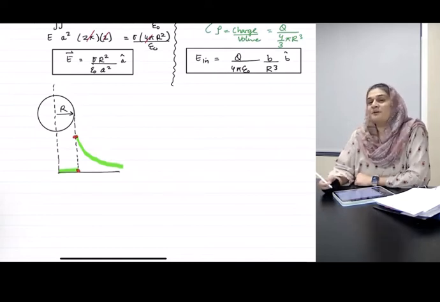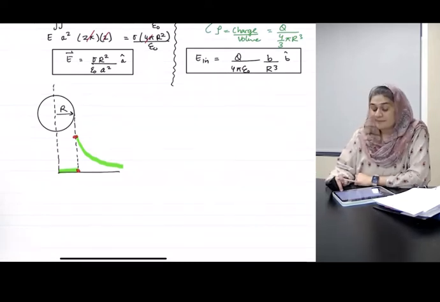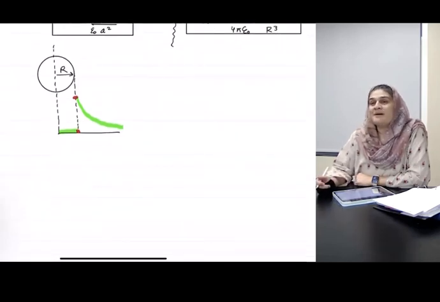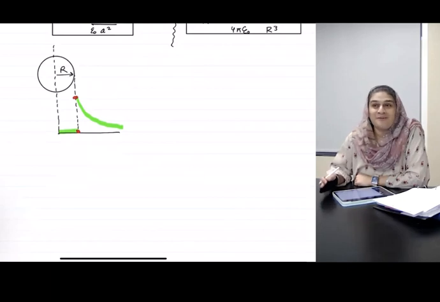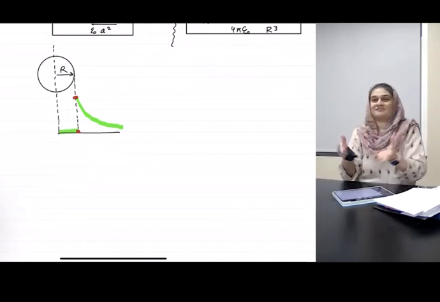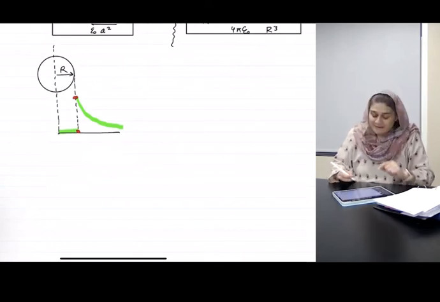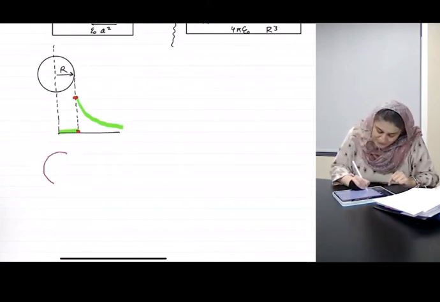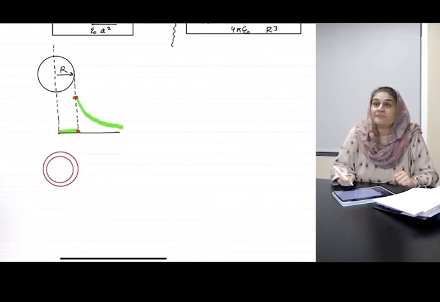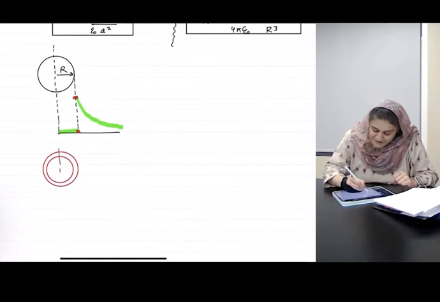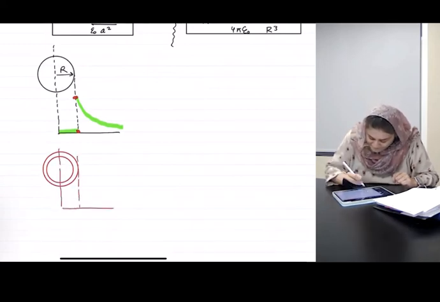That confused me for a long time until I realized that there is no magic that's happening. No matter how thin you make the walls of your charged shell, there's always a small thickness. So in fact, you should be looking at it like this. And the magic that happens between these 2 points is this.